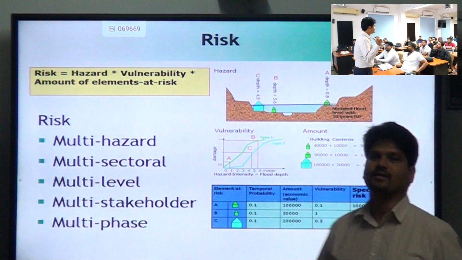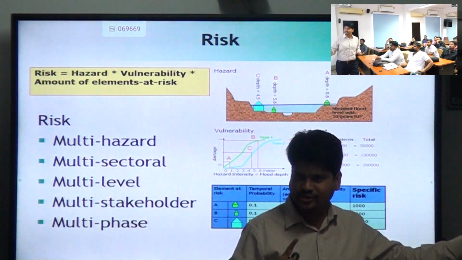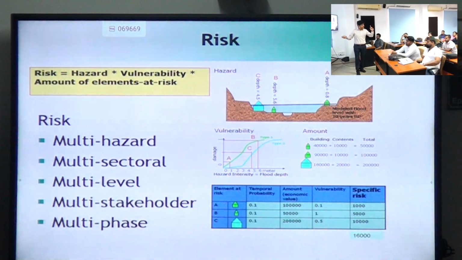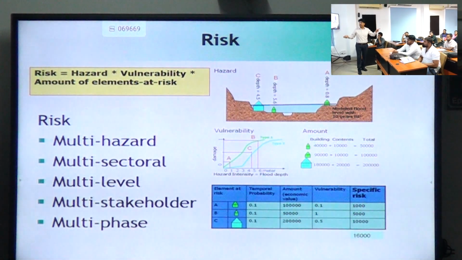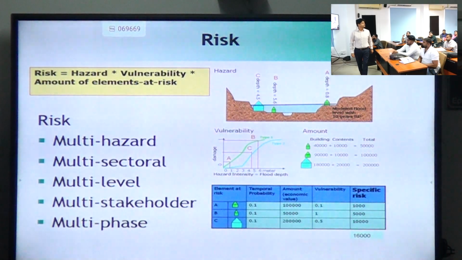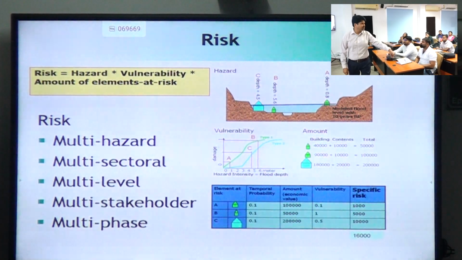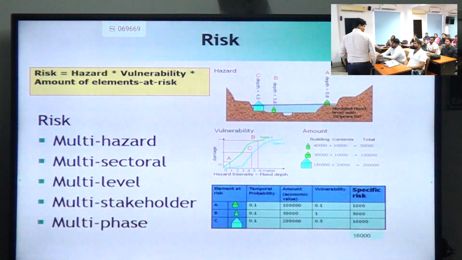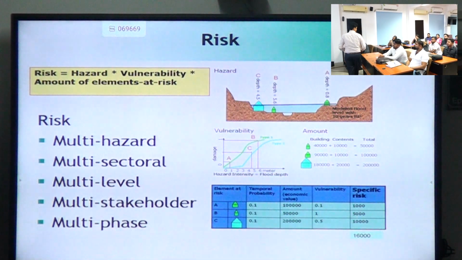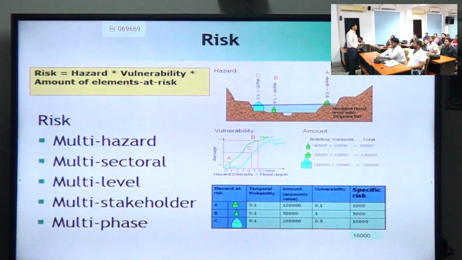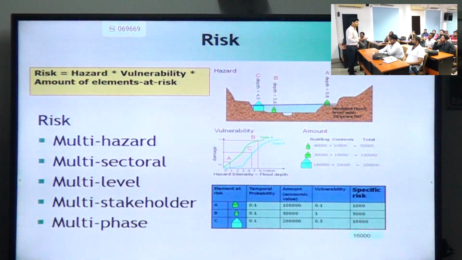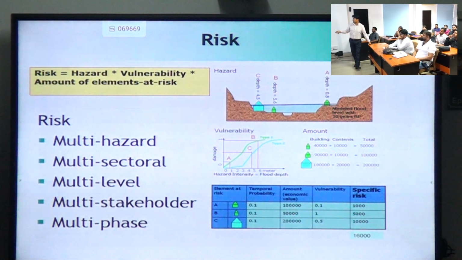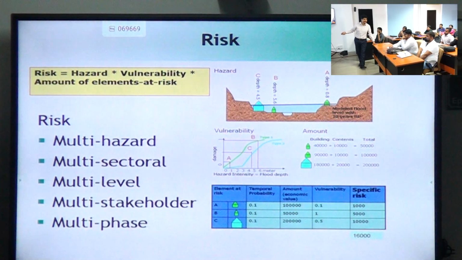That is why on the left hand side I put that risk is multi-hazard, multi-sectoral, multi-level, multi-stakeholder and multi-phase. So in risk assessment, the insurance people also come in, the economic people, the finance people also come in. So it's a multi-sectoral assessment. But if you have the data, and if you have the expert inputs coming in, you can do that. Alright? So now, for vulnerability we have already assigned the rank or weightage.